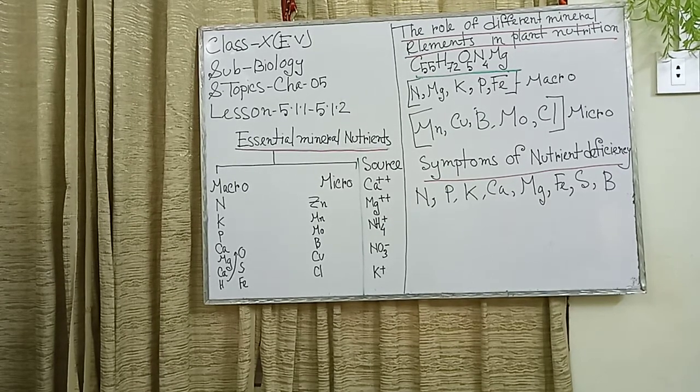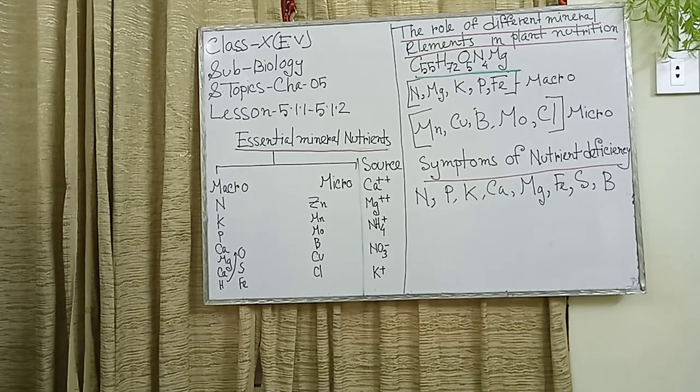In case of the deficiency of any nutrient, symptoms are visible in plants. These symptoms are called deficiency symptoms. By observing these symptoms, we can understand which nutrient is deficient in which plant. Some deficiency symptoms associated with several nutrients are mentioned below.